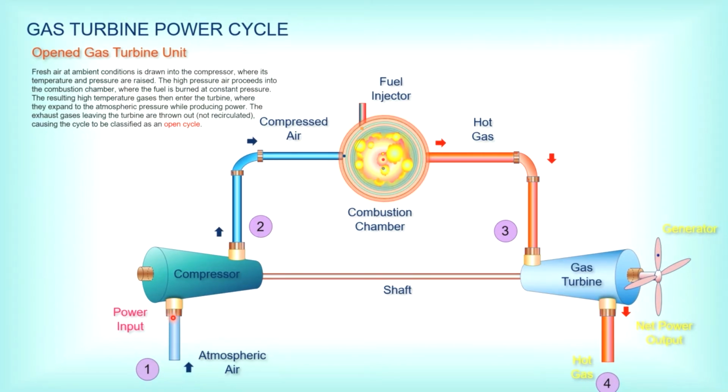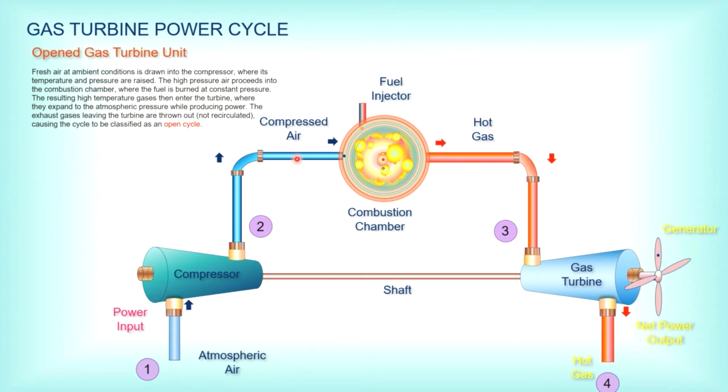In the compressor, the pressure and temperature increase when it undergoes isentropic compression. The air is sucked in from the atmosphere or the surroundings and goes through a number of stages where the pressure and temperature are brought up.